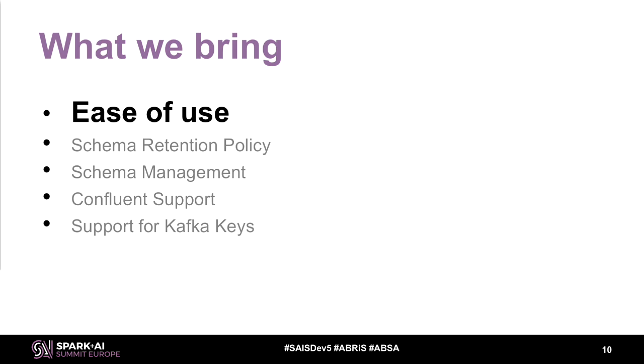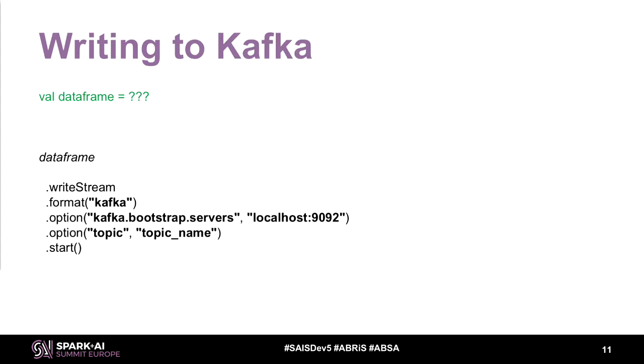Thanks, Felipe. So, when we start using ABRIS to write to Kafka, we basically use this boilerplate code. We have a data frame that we call write stream on. We say we're using Kafka. We pass in the address and the topic name.